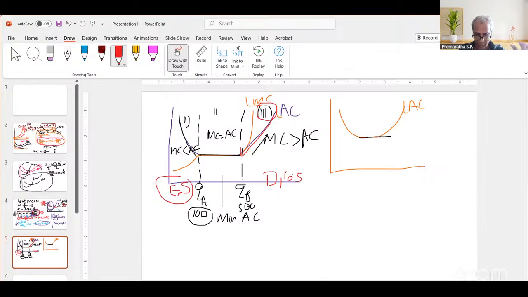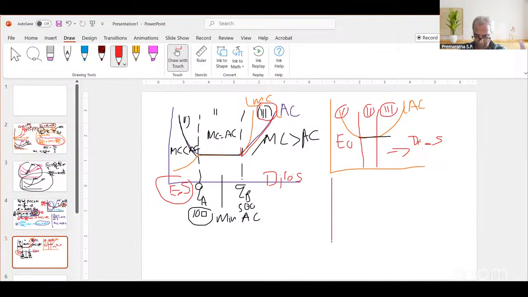We will see later on why economies of scale and diseconomies of scale happen. There you can identify three stages already: stage 1, stage 2, stage 3. As in the short run, in the long run also you identify the production side.